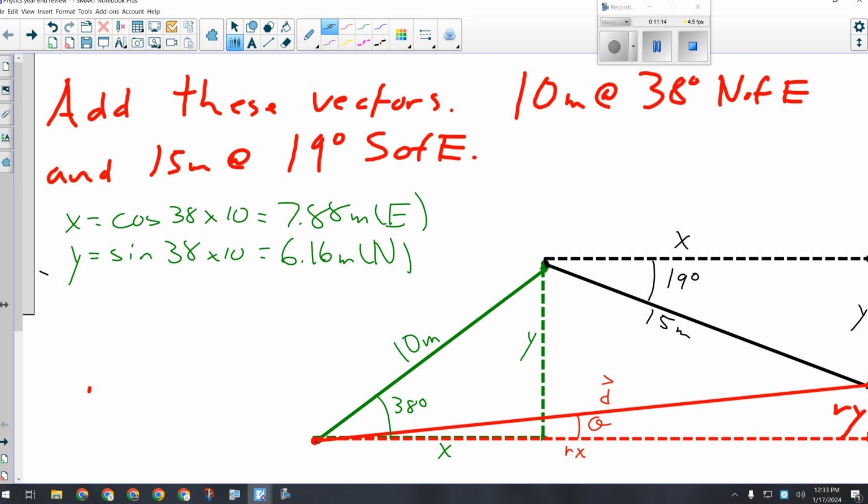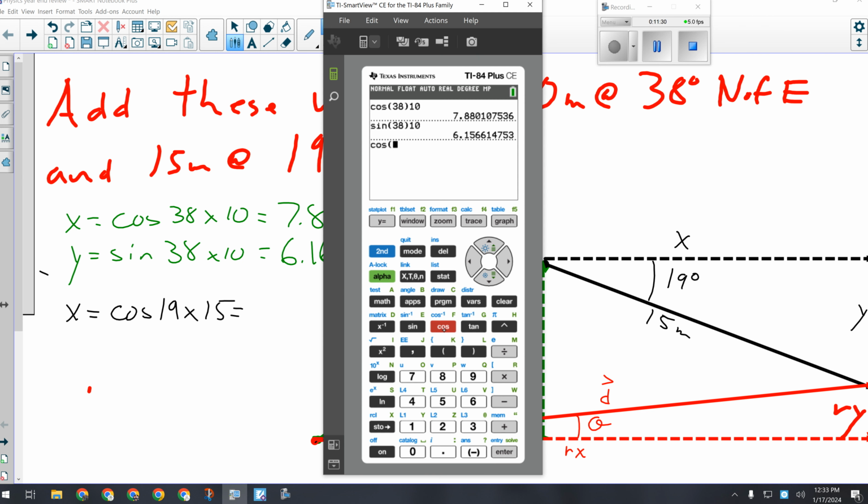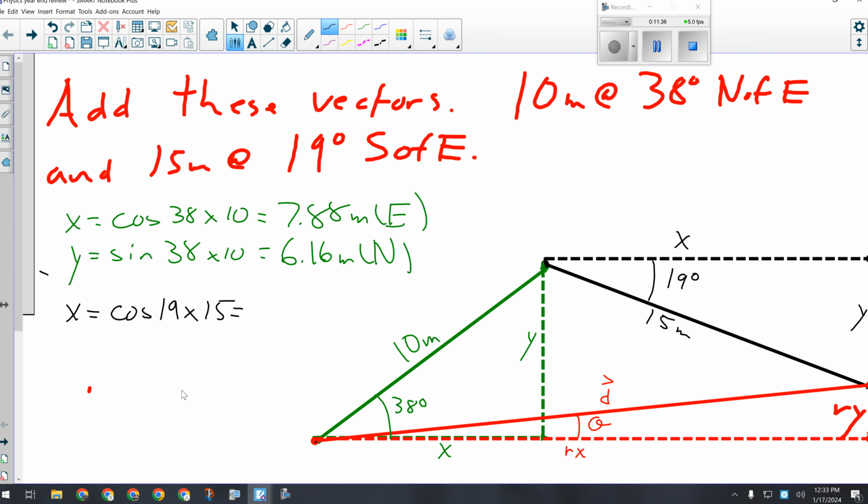Then we have to find the x's and y's for the black triangle. Black x is the adjacent side, so cos of 19 times 15 meters. That side is going to be 14.18 meters, and it is east.